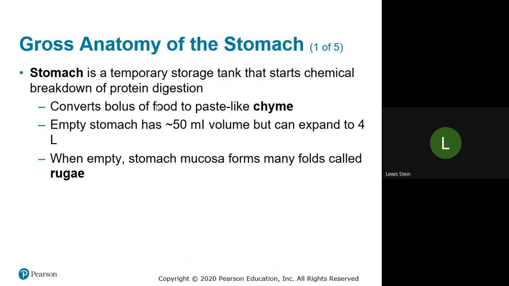Okay? So we have the pyloric area and the pyloric sphincter. It comes out. It's kind of J-shaped, and because it expands to about a gallon, when it's not completely expanded, it folds. Again, that recurring theme of fan folding, but it forms ridges that have a wonderful term. They're called rugae. It's kind of like ruffles have ridges.